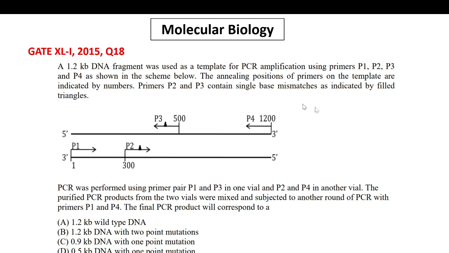Now another PCR was carried out using P1 and P4 as the primers. So what will be the final PCR product length?